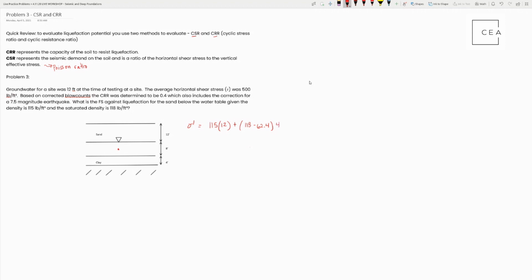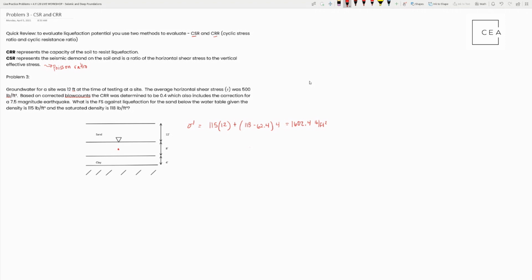Is everybody clear on how to solve for effective stress? Hopefully so. If you're in the geotech world and you're studying for this exam, you should know how to solve for the effective stress at a certain level down there. All right, so if I punch that out, I get an answer of 1602.4 pounds per square foot. So that gives you your vertical effective stress at the midpoint of the sand layer.